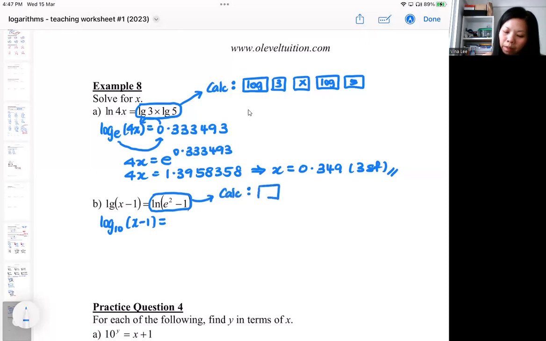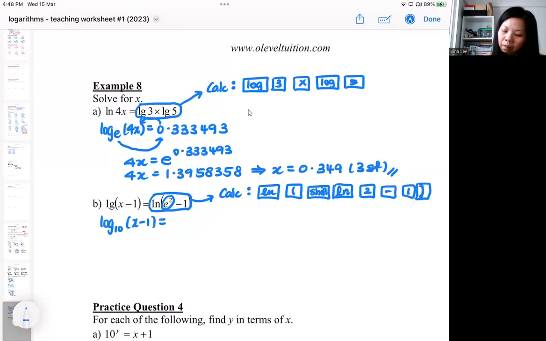You input with the LN button, the bracket button. You've got to press the shift button because you need to activate the e. You need to do the shift button and the log button too. Then you do a -1, and then you close the bracket.